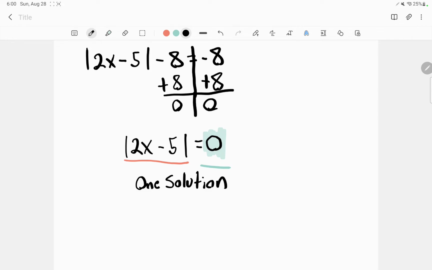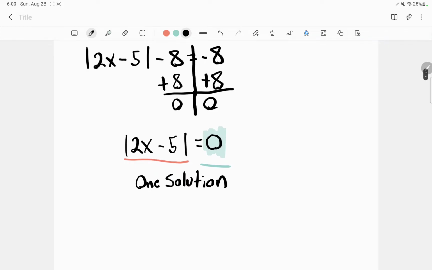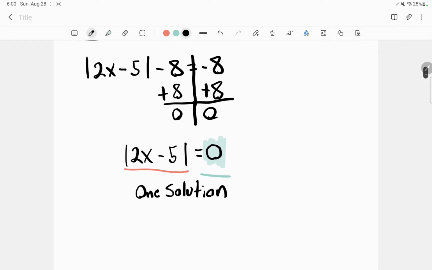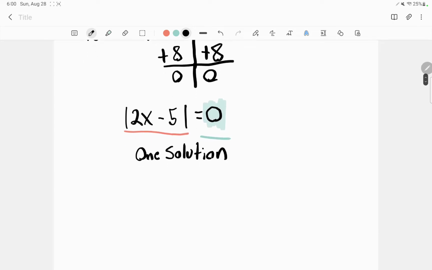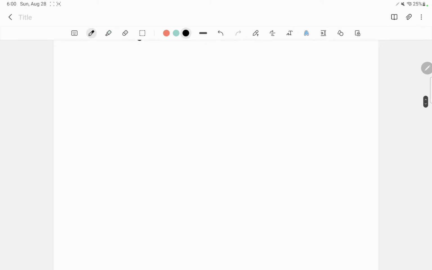It's important. It's going to come up in a test or similar questions. So if we get that and it's equal to 0, then you only have one solution.